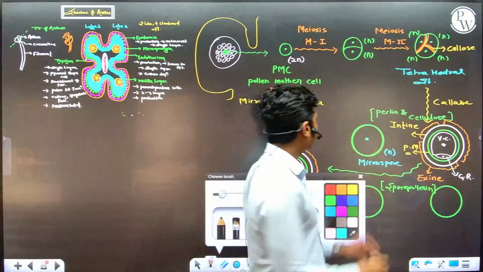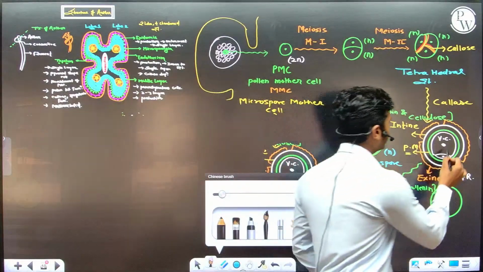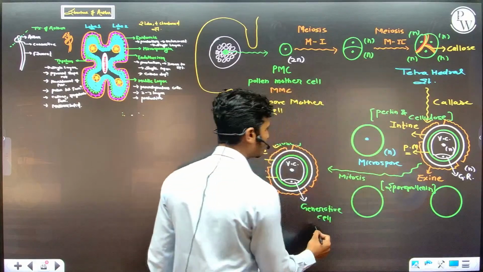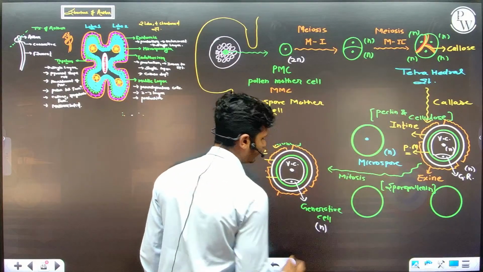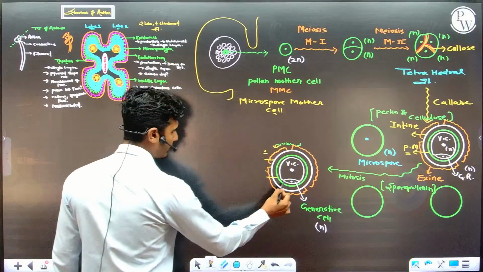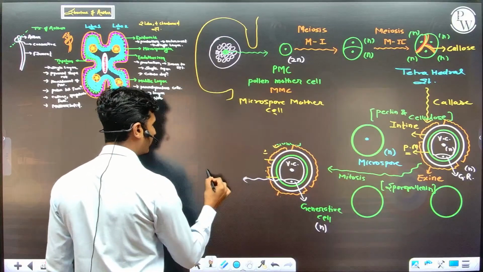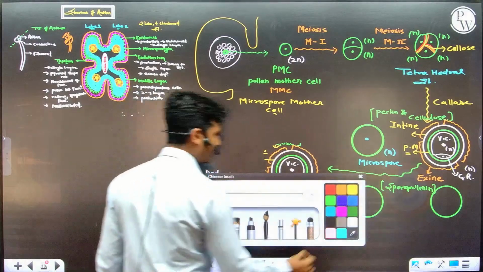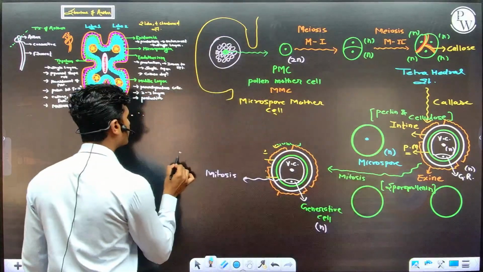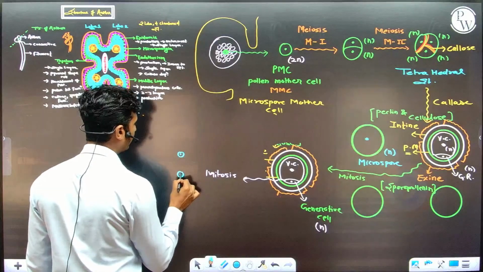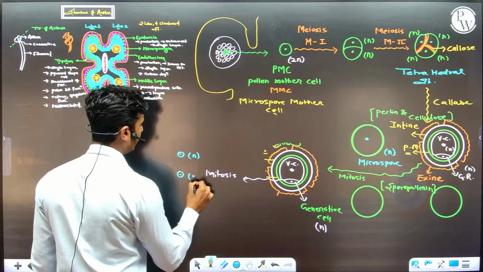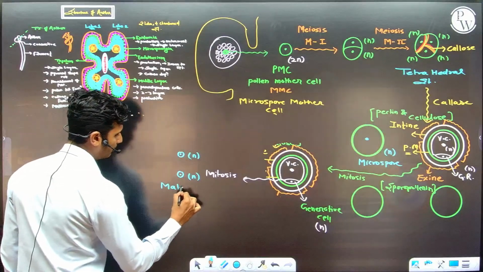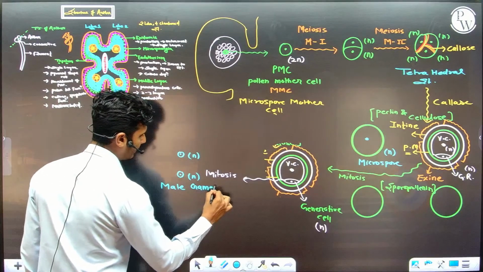So the microspore is N, the vegetative cell is also N, and the generative cell is also N, because of mitosis. The generative cell performs another mitosis, and after this mitosis two cells are formed, known as male gametes.